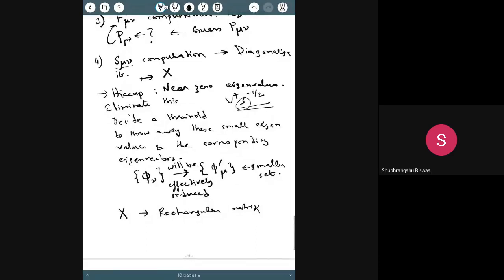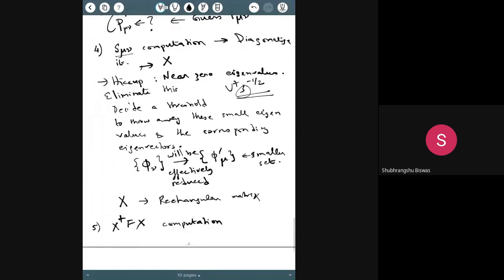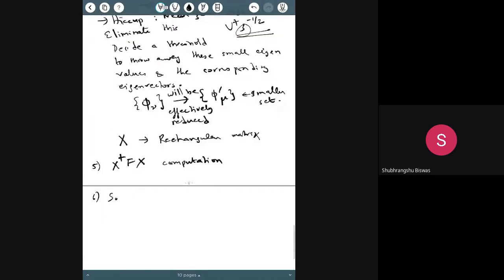Then once you get X, you can compute your Fock matrix, transform your Fock matrix. Then you solve the eigenvalue equation, F prime C prime equal to epsilon C prime.